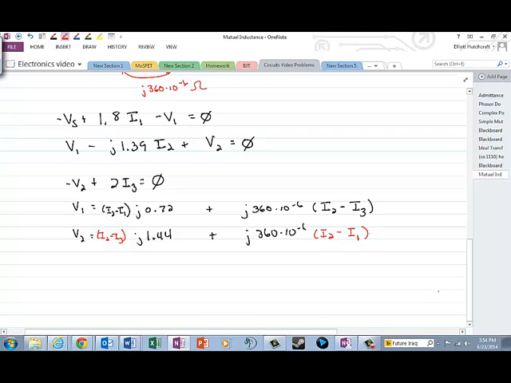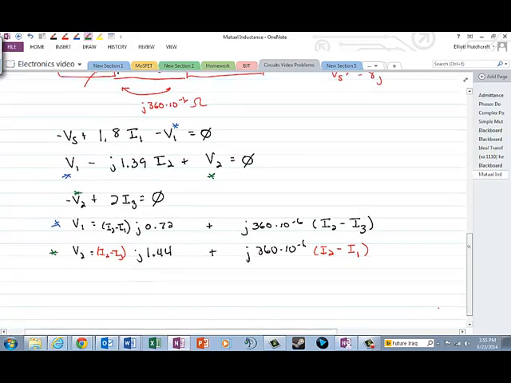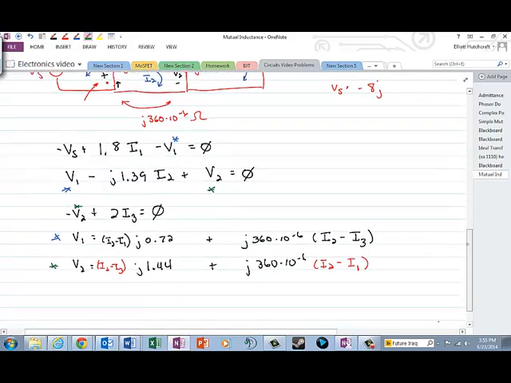So this looks good, and now I need to substitute in my V1s right here and my V2s right here and right here. I also have to substitute in Vs, which is minus 8J.